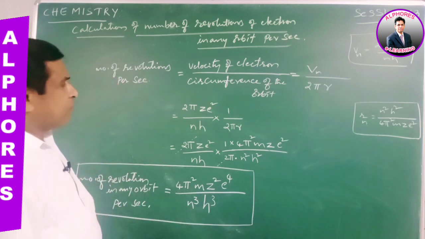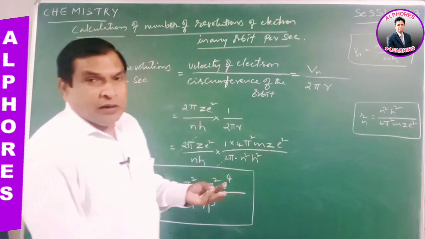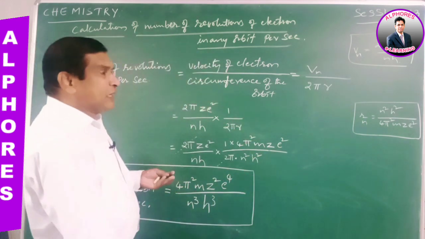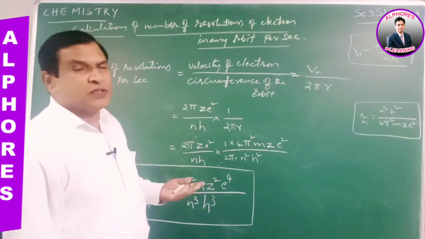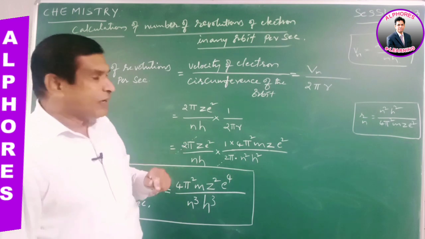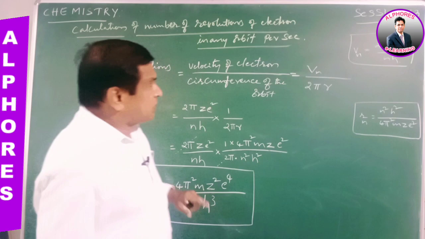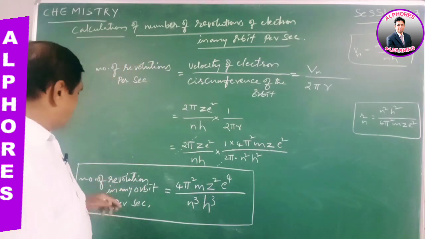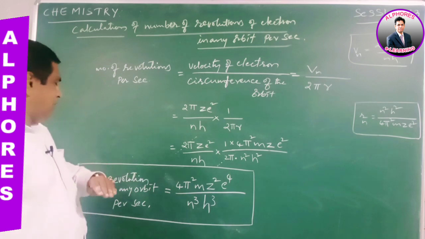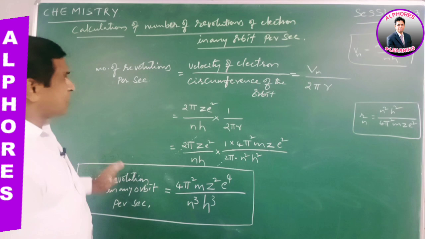So the important relations we should remember: we have done the radius of the orbit in hydrogen atom and one-electron species, the energy of the electron in a given orbit, and the velocity of the electron in the nth orbit of species containing one electron. Now the number of revolutions made by an electron in any orbit per second is also completed.